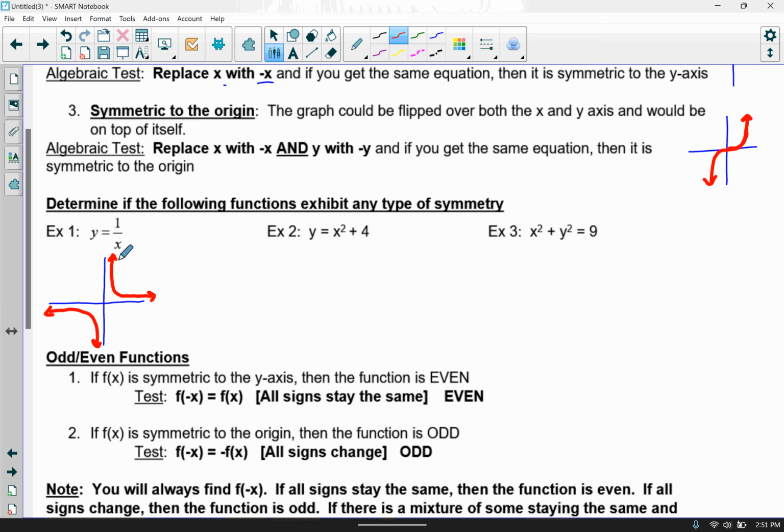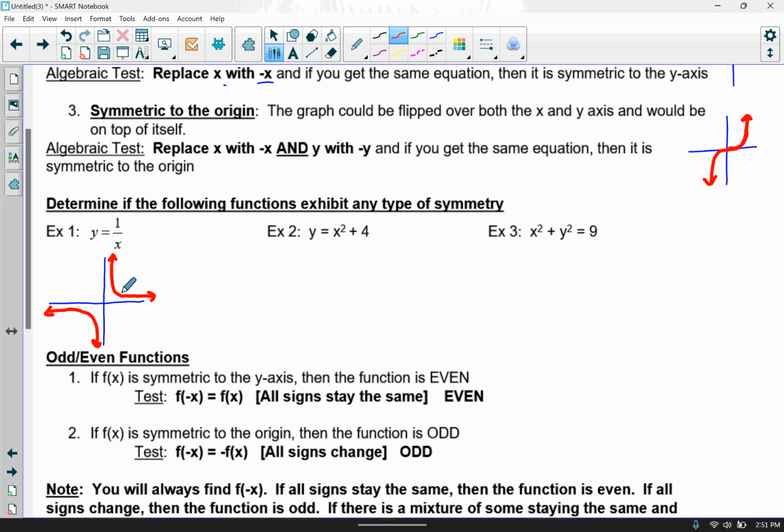Now ask yourself, if you were to fold it over just the x-axis, is it on top of itself? No. Likewise, if you folded it over just the y-axis, is it on top of itself? No. So it's not symmetric to the x-axis or the y-axis, but can you flip it over both and it's on top of itself? Hopefully you agree, yep.